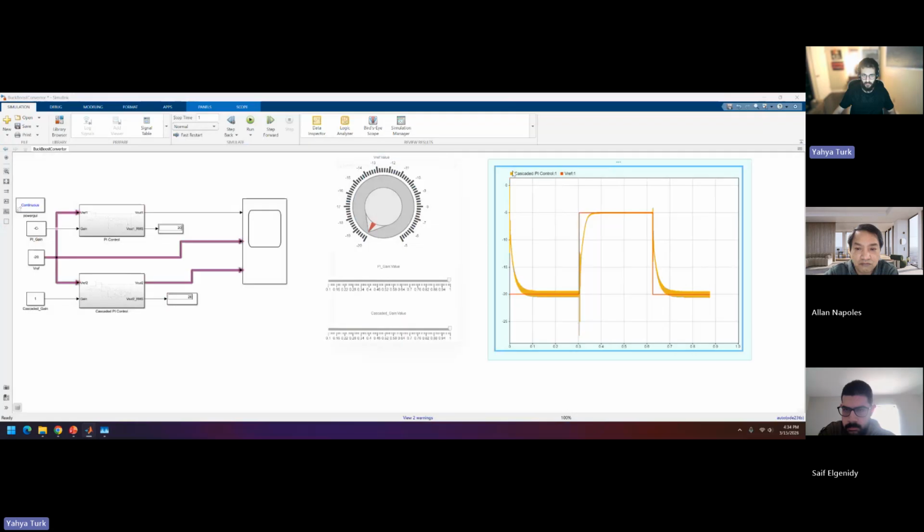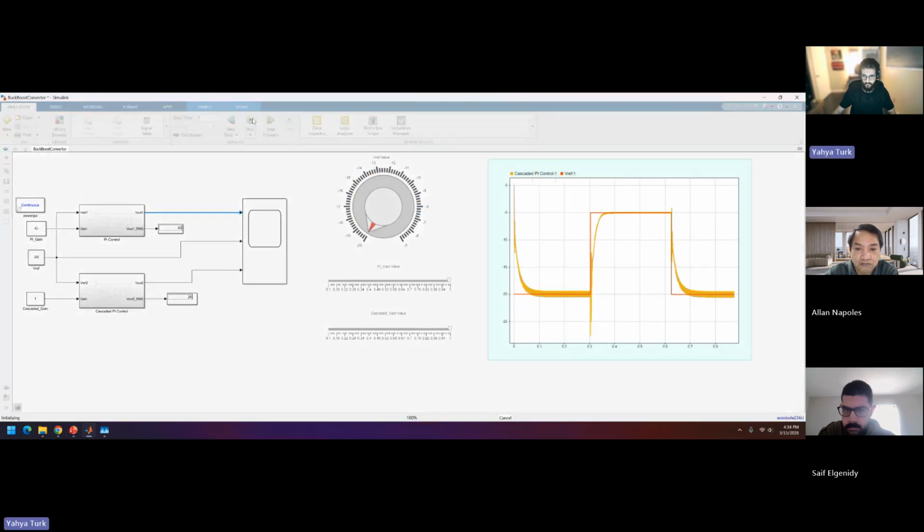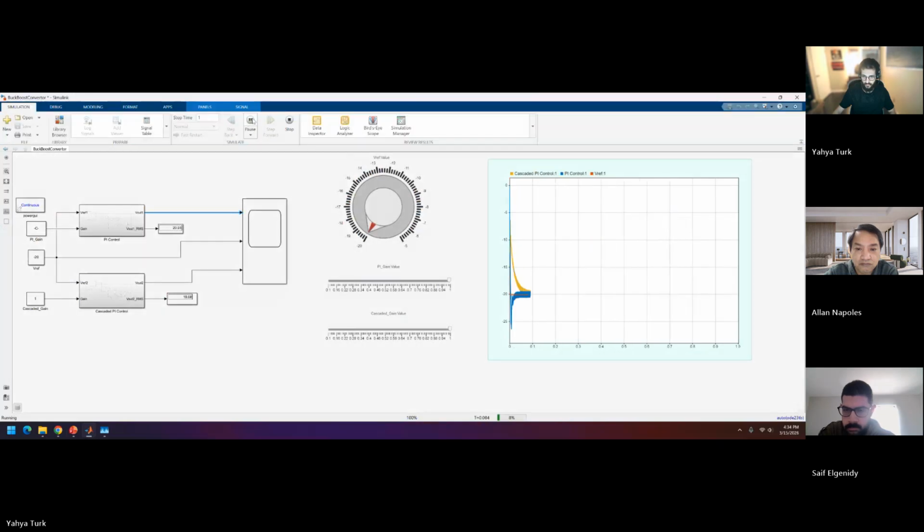We can also run a comparison between both, and then we will run a comparison at a higher load as well. Here, and then we can look at transition.